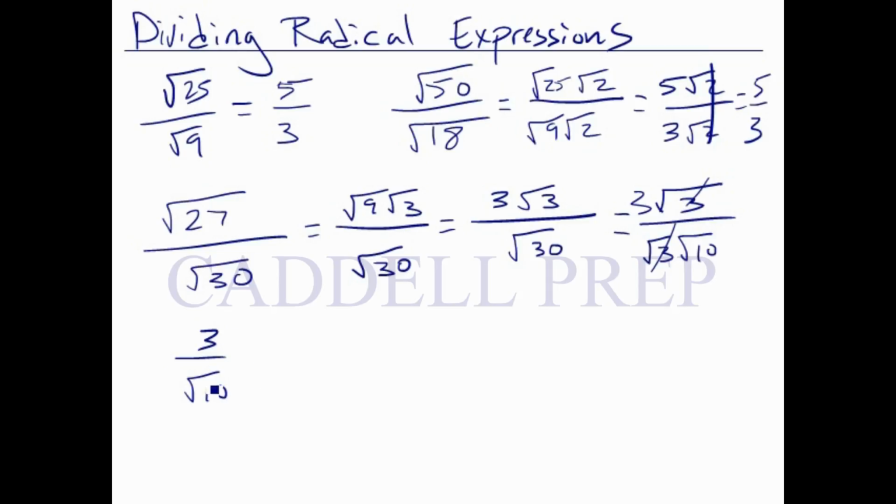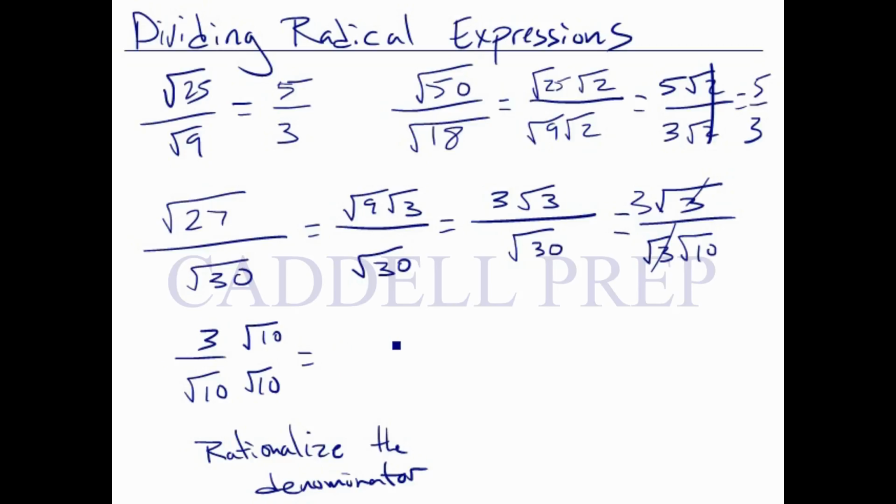This is still not the correct answer, because we want to rationalize the denominator. We don't want this radical 10 to be here. So the trick to getting rid of it is to multiply the numerator and denominator by radical 10. On top we're going to get 3 radical 10.